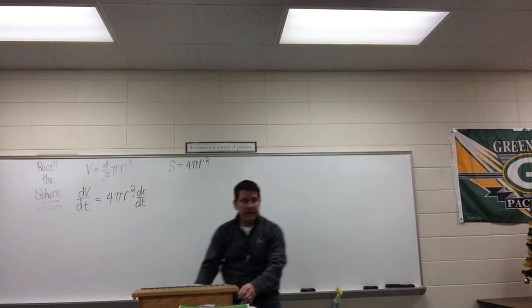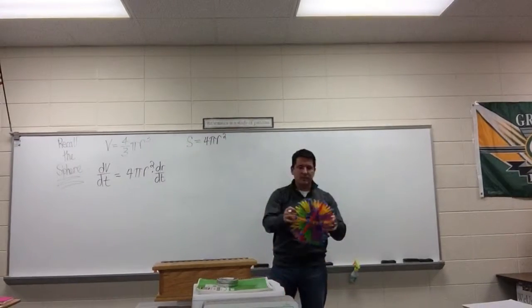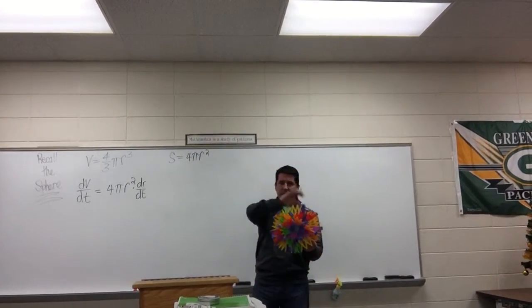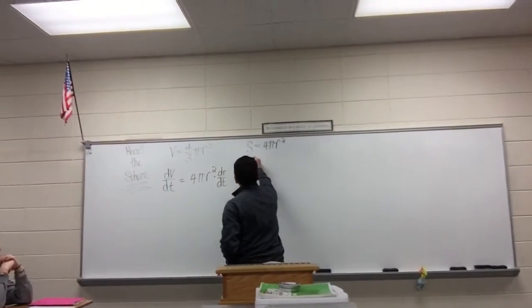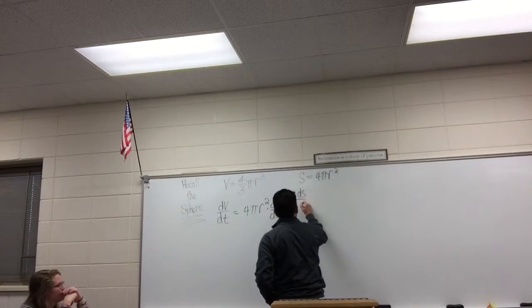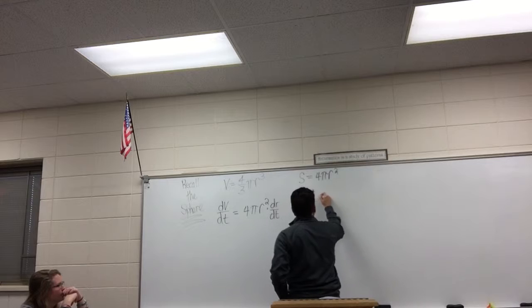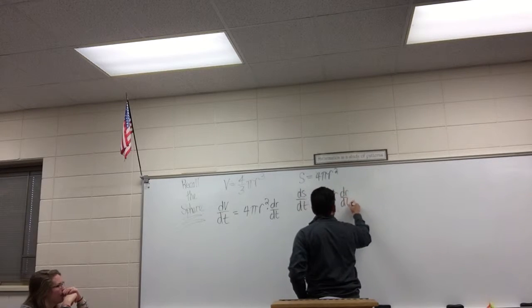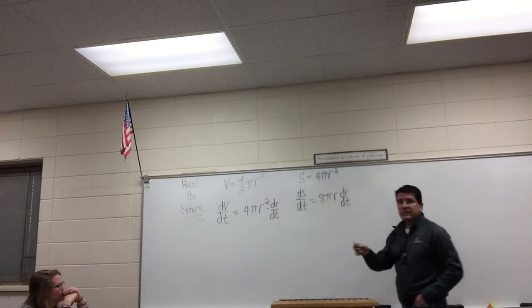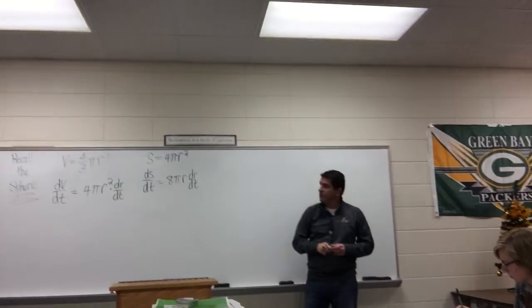And so if you had the actual amount of surface area around the sphere, the rate that that's changing by is 8 times pi times r times dr/dt. So the rate that the surface area is changing by is that.